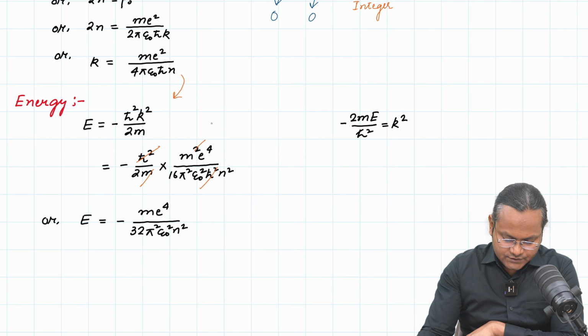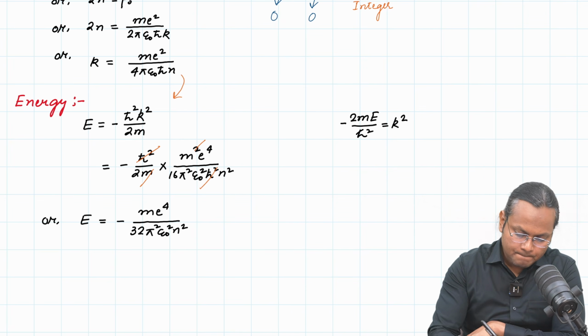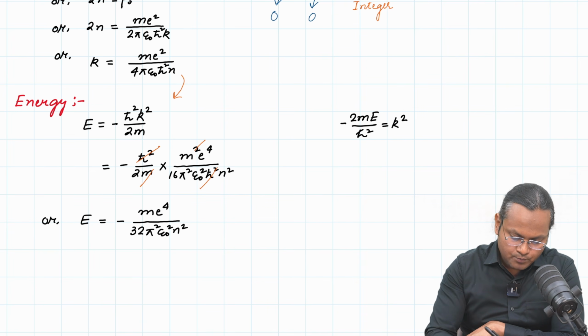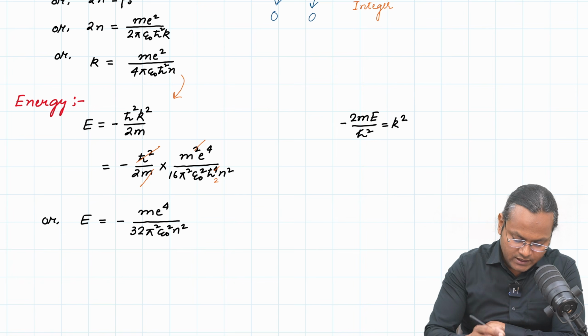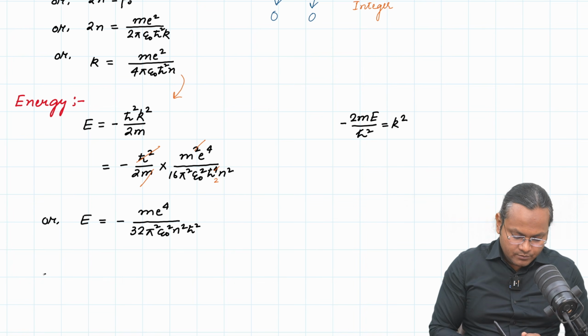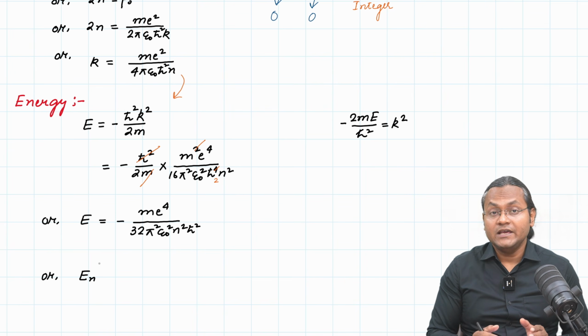H cross square term, yep, here. h cross square, h cross square, and this should be h cross to the power 4. Yep, I think now it's perfectly fine. So therefore I will have a h cross square term remaining here in this particular expression. So yeah, this is the final expression for the energy eigenvalues.